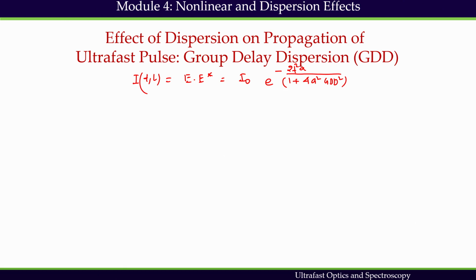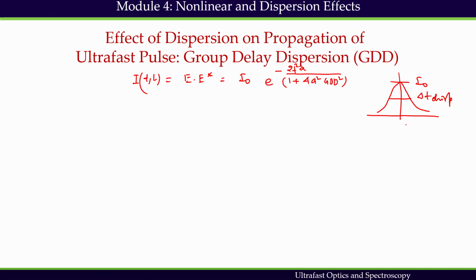And this is the time domain intensity profile of the group delayed pulse originated due to the dispersion effect, and this maximum intensity is I naught. The full width half max is delta t sharp. I will call it sharp because this is a sharp pulse, already introduced due to the second order dispersion effect.